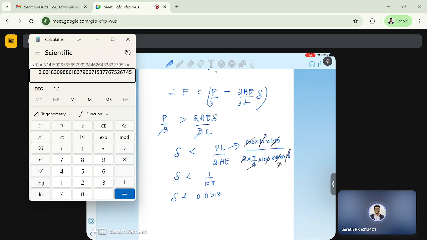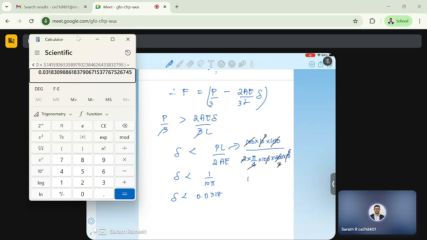So 2 into pi by 4. D square is 100 into 200 into 10 power 3. So it became 100, 10 power 3, 10 power 3 cancel. 100, 100 cancel, 2 cancel. Okay, it is cancel, right?